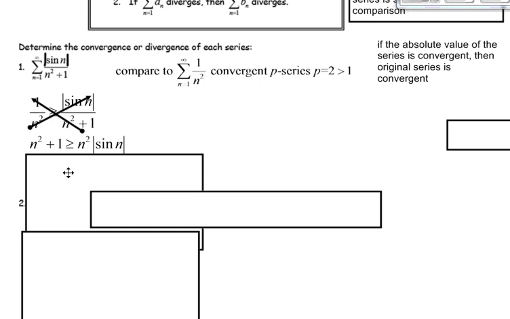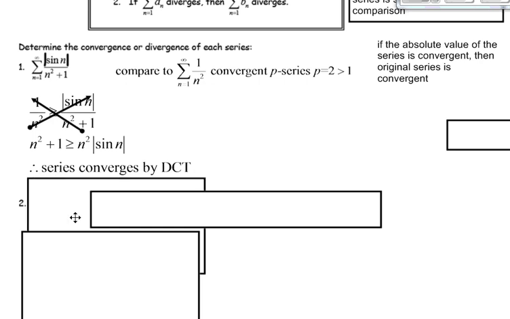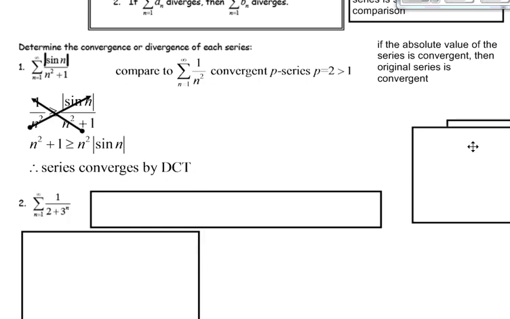So we have n squared plus 1 is greater than or equal to n squared times the absolute value of sine n. Now, the absolute value of sine n, remember, is going to be no larger than 1. Other than that, it will be a fraction, less than 1, between 0 and 1. So that times n squared will, in fact, be less than or equal to n squared plus 1. Therefore, the series converges by the direct comparison test.